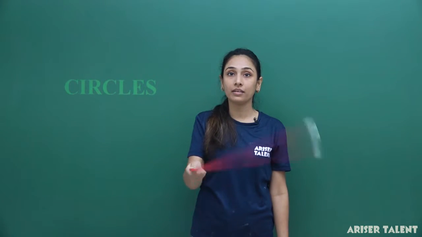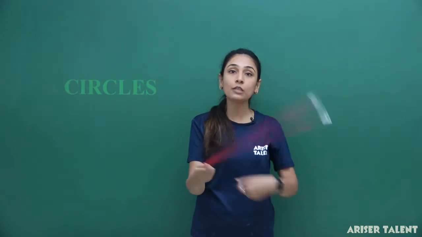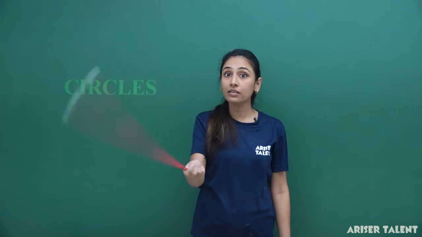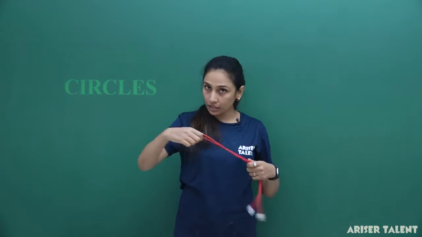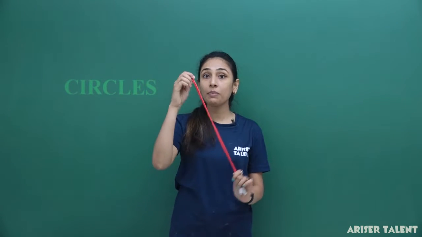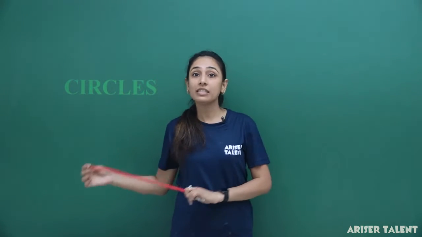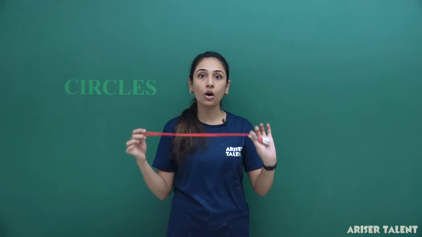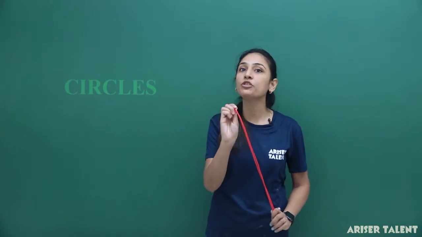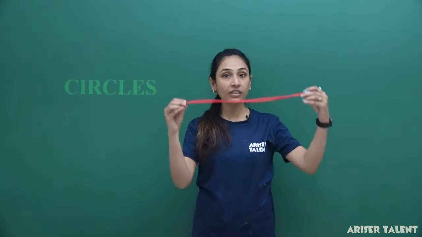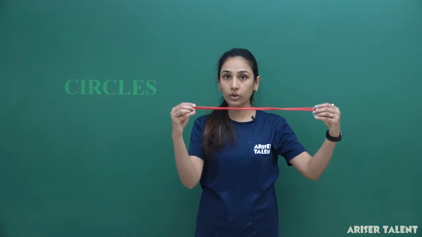This complete path is in the shape of a circle. Okay, so we'll be coming back to this example for some definitions, but for now, just remember I've given you this example, and I'm having a fixed point and it's rotating around that fixed point at a particular distance.